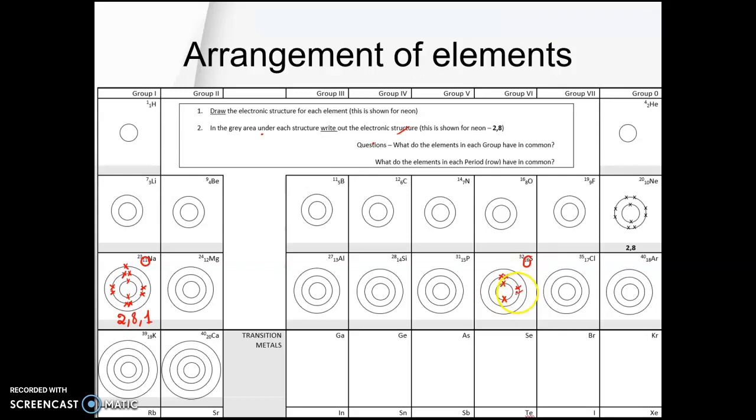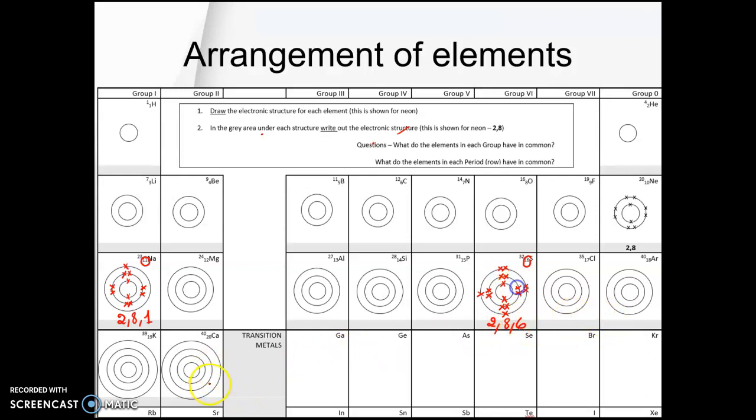Now we're done with 10, and 16 minus 10 is 6. 6 electrons are left. We're going to put these 6 electrons here because the third shell can hold up to 8. So now we write the electronic configuration as 2, 8, and 6.